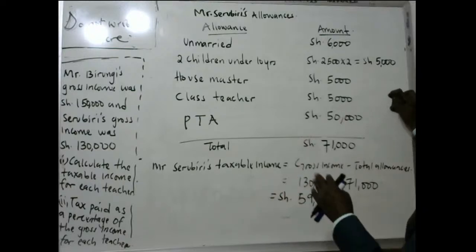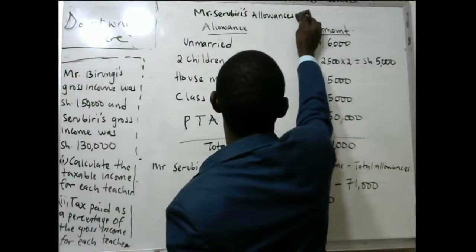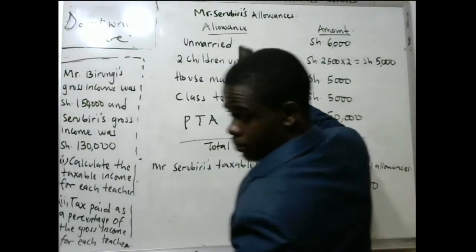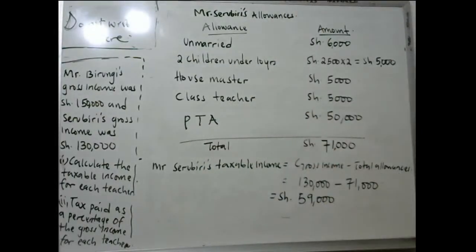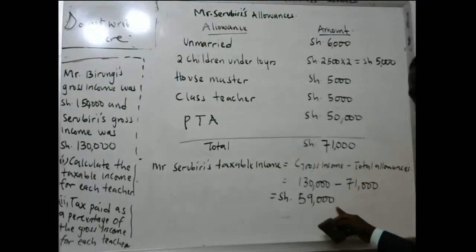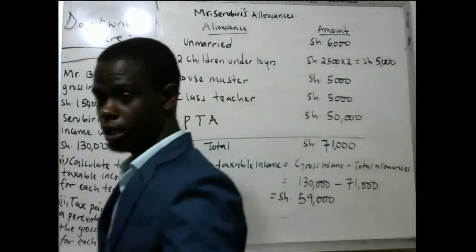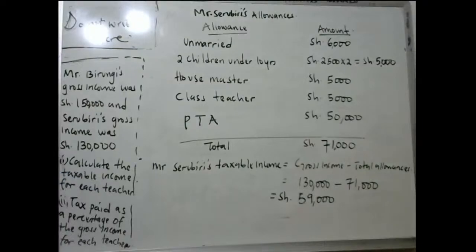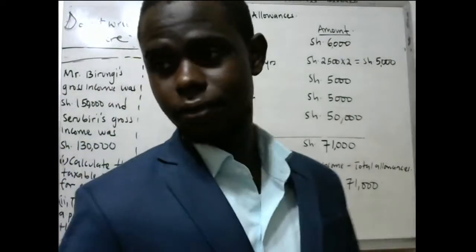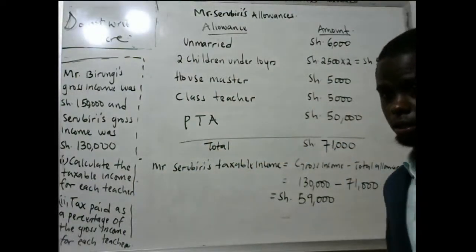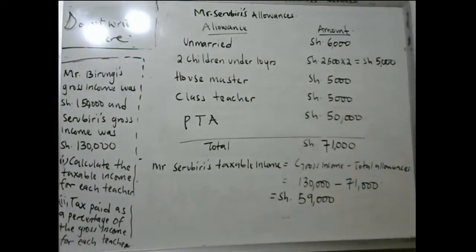You cannot get that without getting the income tax here. So I'm going to rub this off before I continue. But we have to know the taxable income of each teacher, okay? We are going to consider each teacher on their own. We are going to start with Mr. Birungi, and then we go to Mr. Serubiri, because each one of them has different taxable incomes, okay?